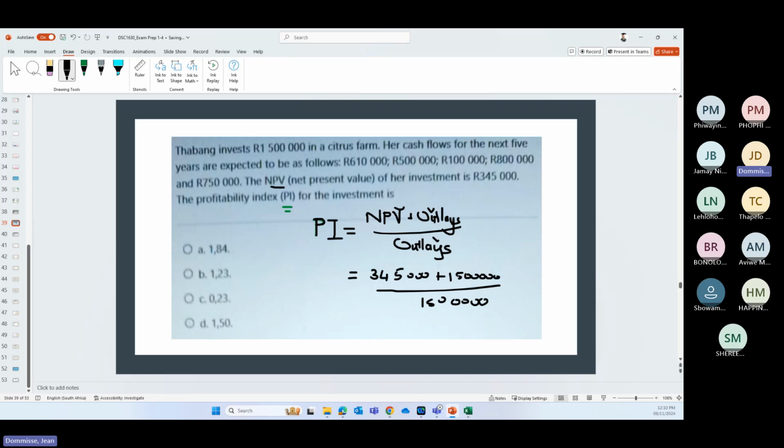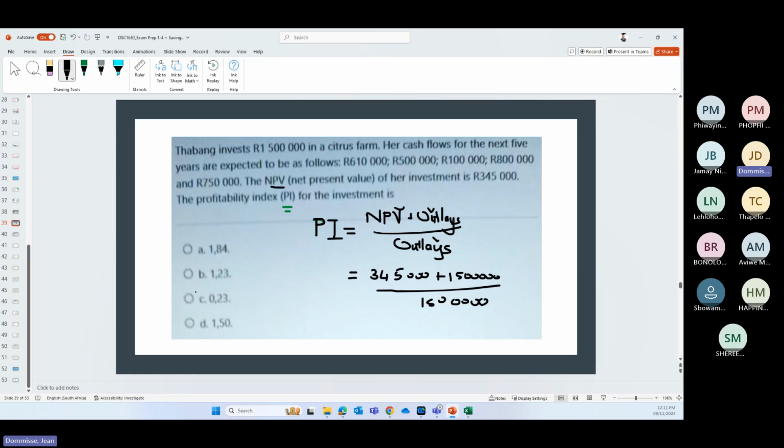Your present value plus your outlays will be more than just your outlays. So your profitability index will always be positive unless your net present values are negative. So what this is telling me is it is going to be more than one.